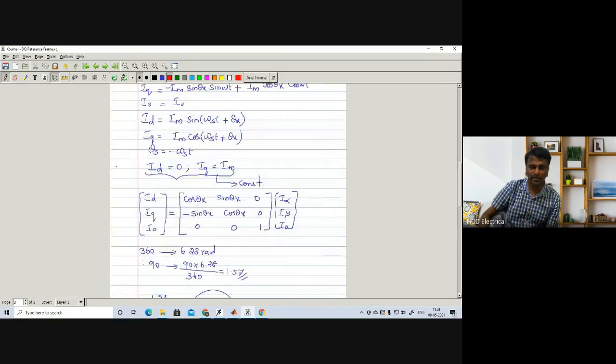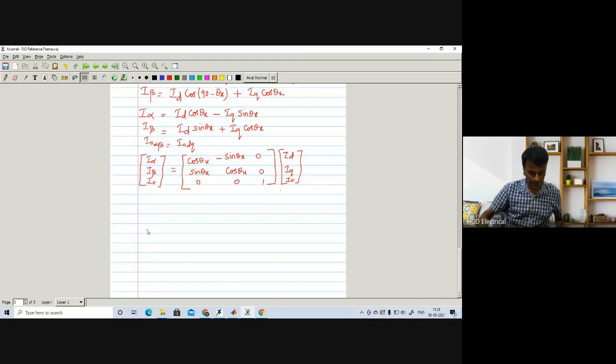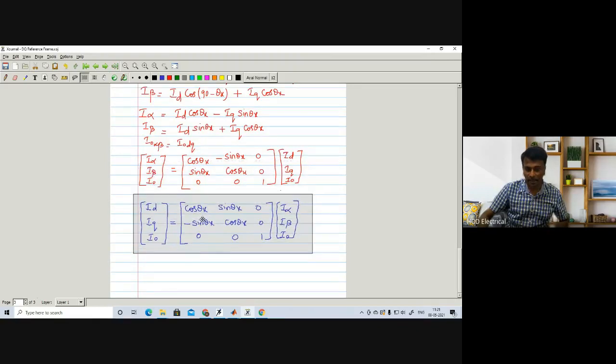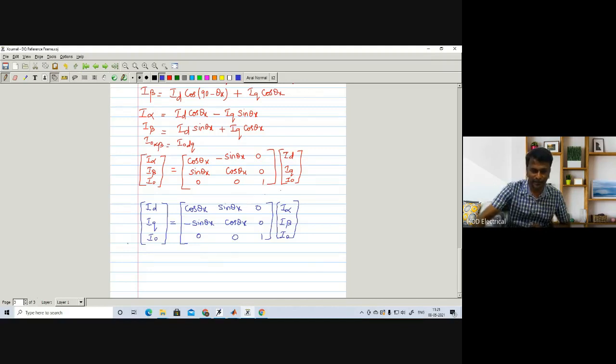Another way: let me copy this entire equation we have derived in the last lectures, the ID, IQ from alpha beta. From this also we can derive this equation. Now let me take IDQ naught equal to some matrix which will convert I alpha beta to DQ.